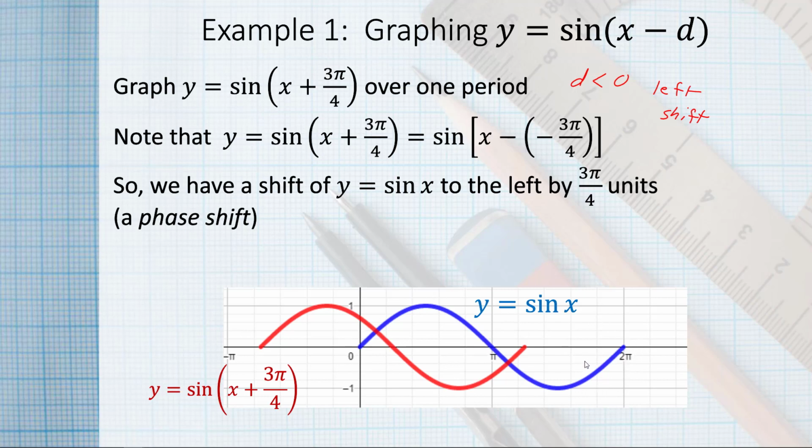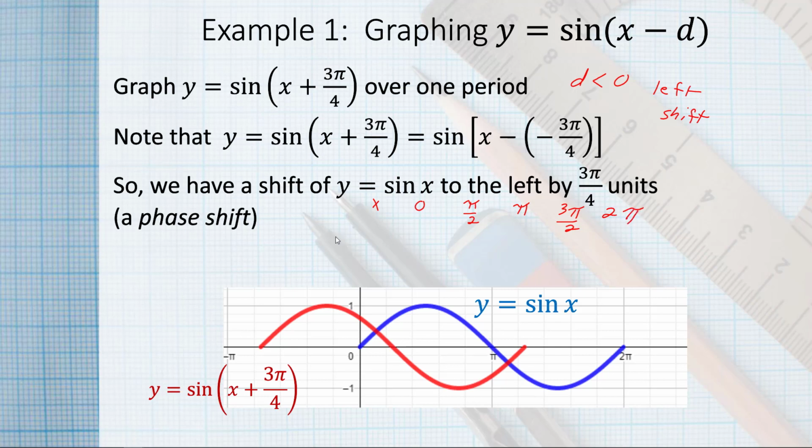Now, there is another way which the book discusses, and it's based upon the 5 important points of a sine function. You know those occur when x is equal to 0, pi over 2, pi, 3 pi over 2, and 2 pi.